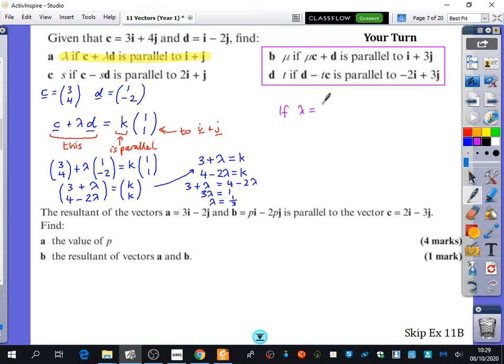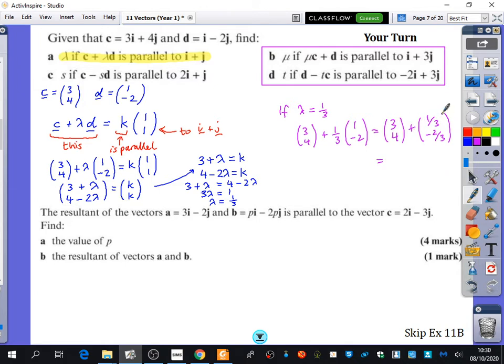So if lambda was equal to a third, we would have had C, which is 3, 4, plus a third of 1, minus 2. So that would be 3, 4 plus 1/3, minus 2/3. What is 3 plus a third?